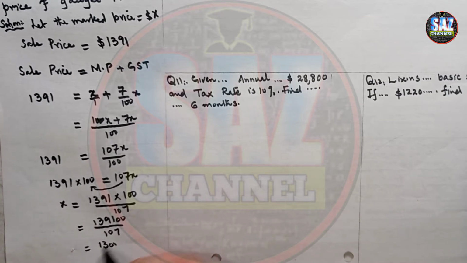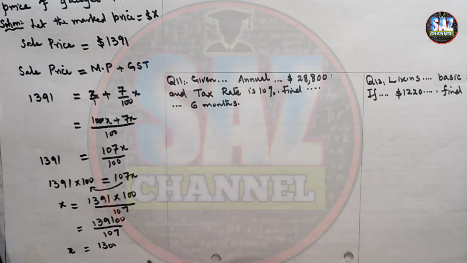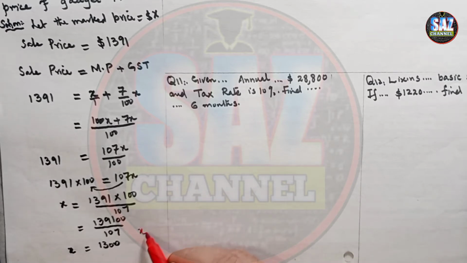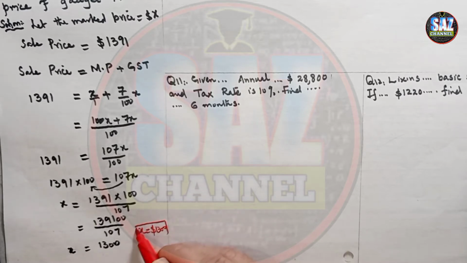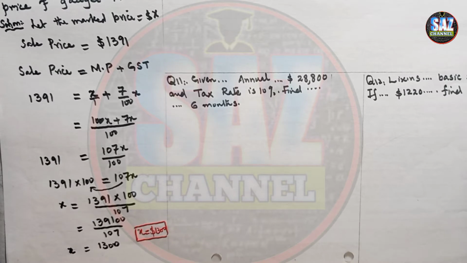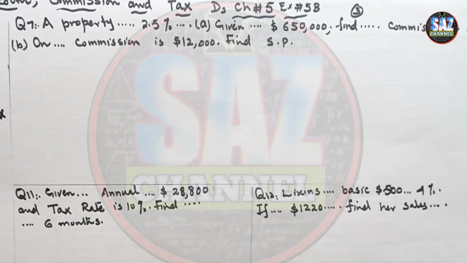So the mark price of the gadget is 1300. So X, which is the mark price, will be equal to $1300. I hope if you are writing the formulas and working with formulas, your question becomes really easy.